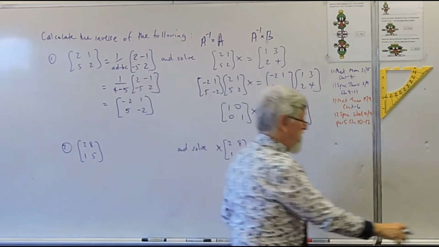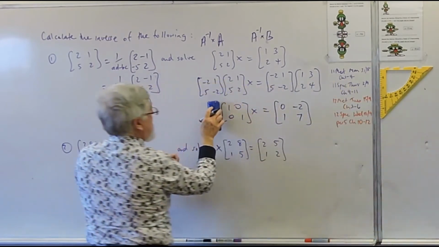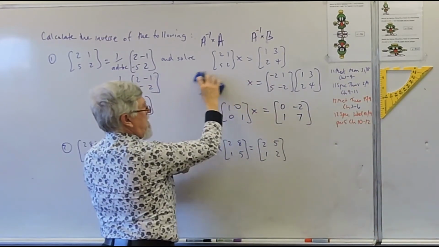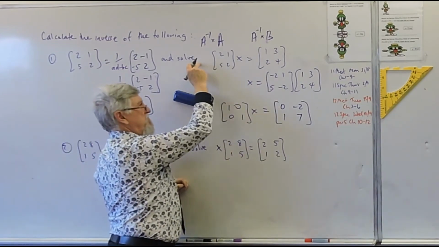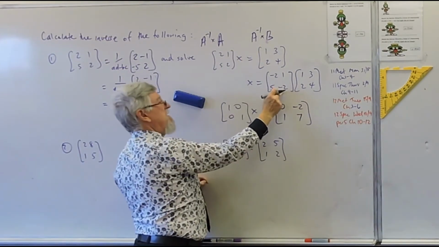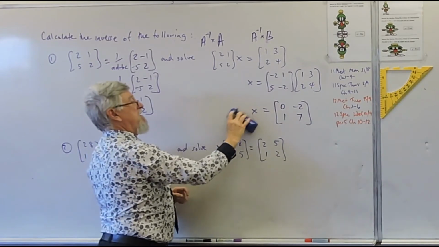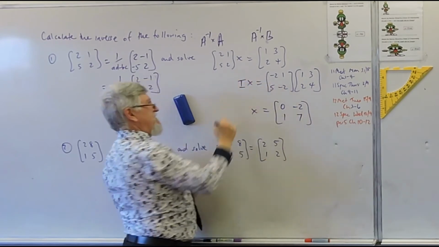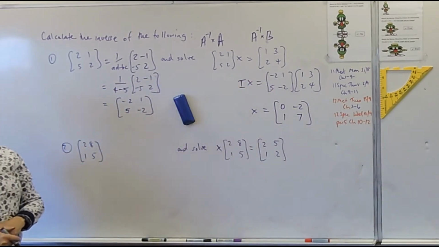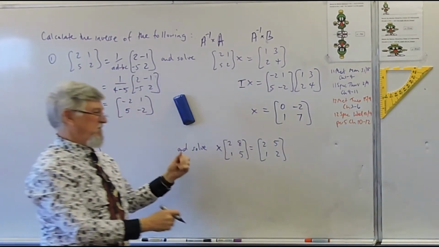So really, if we wanted to, we could look at that question and just go, don't write that down. I'm going to put the inverse there, and then you can go, I don't need to write that down. By the way, if you wanted to, you could say, I did IX. What have I just done? I've got IX, and there's the answer to the question.